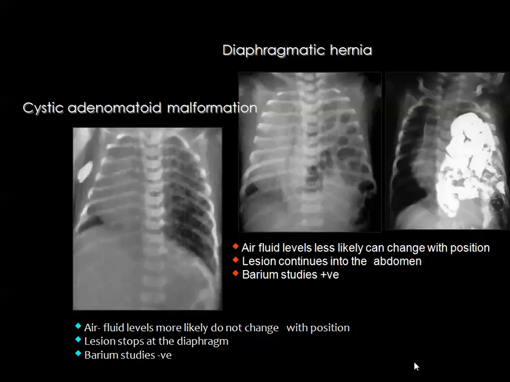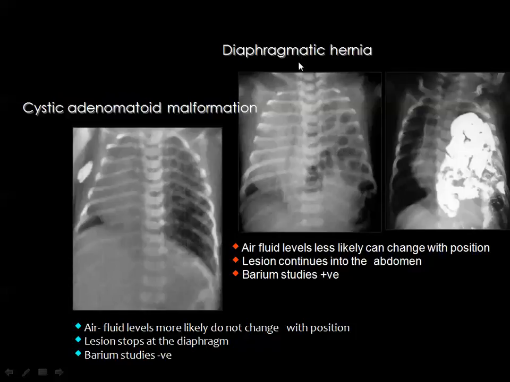Whenever you give barium by the oral route or in the colon, you can see that barium, or sometimes gastrografin, will go inside the lesion located in the chest, confirming the diagnosis of diaphragmatic hernia.